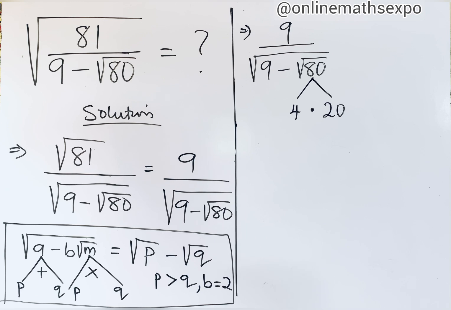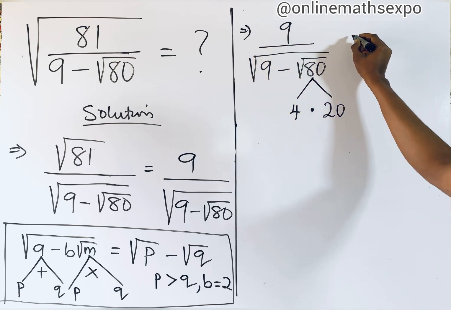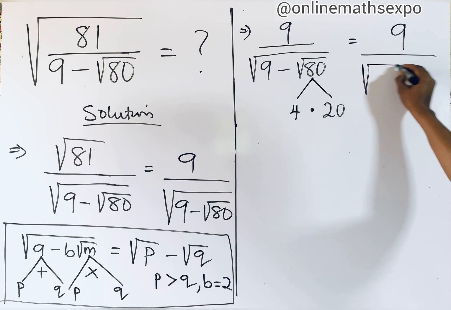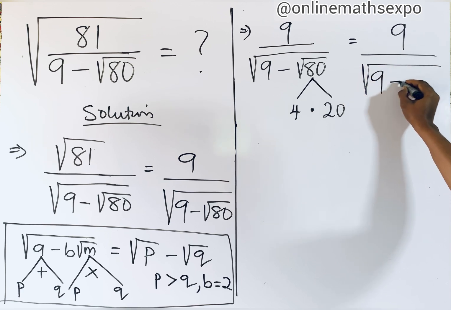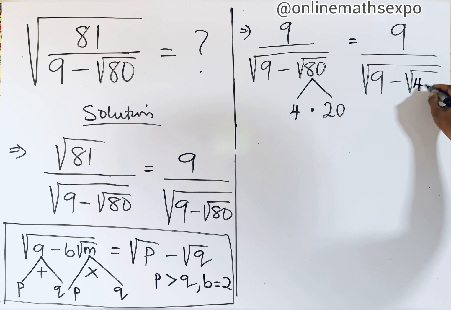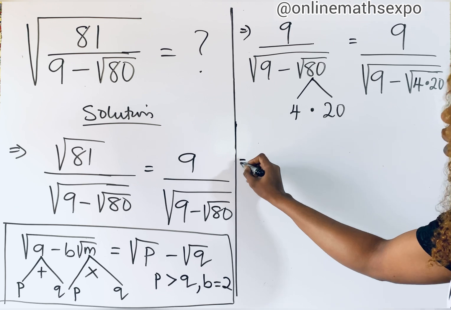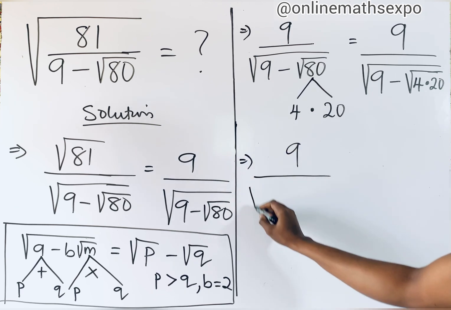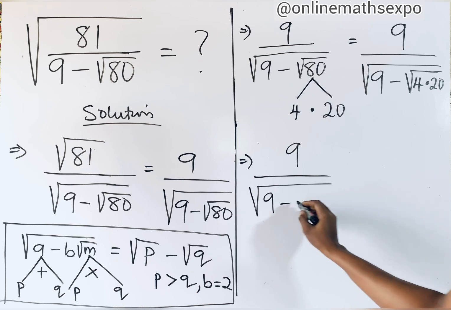So what does it mean? We can rewrite this to give us 9 divided by root of 9 minus root of 4 multiplied by 20. You have not changed anything.